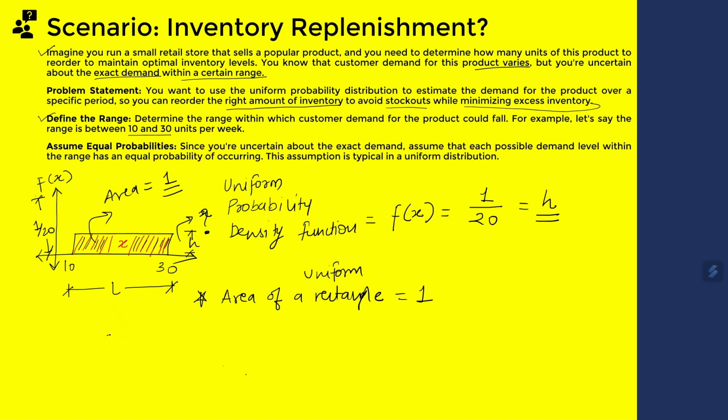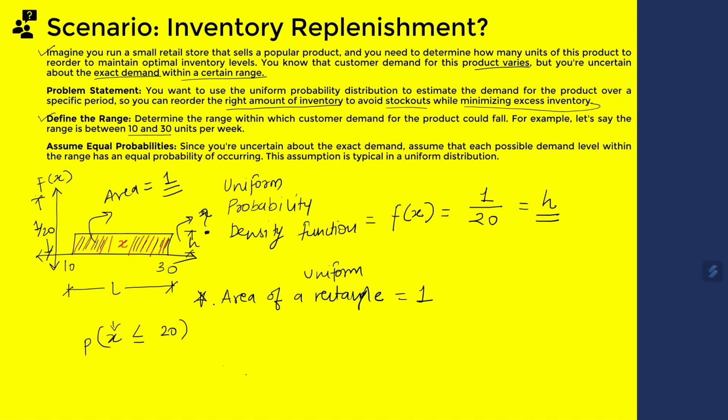So x is going to be our probability, and we have to determine how much probability there will be that the units will be less than or equal to 20 per week.